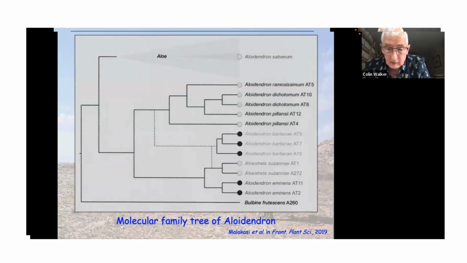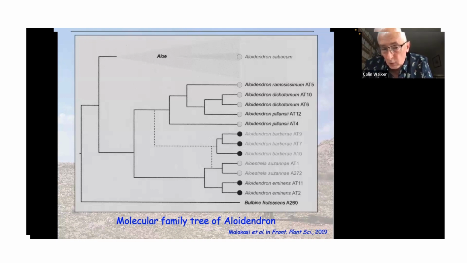This is the Somali endemic. We've got Aloidendron barbarae, but look, hey, we've also got something called Aloestrella susanae. This used to be Aloe susanae. This is a Madagascan endemic. And this is the first evidence we have that Aloestrella is actually a tree aloe as well.